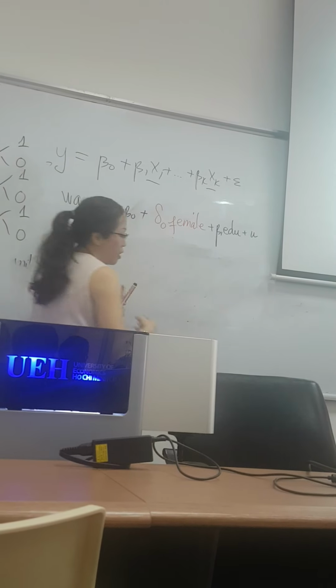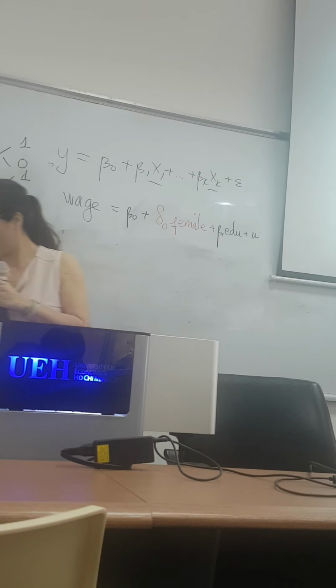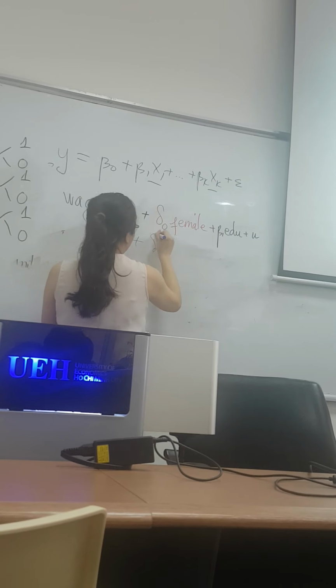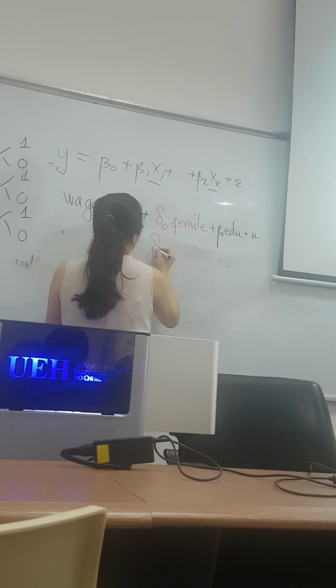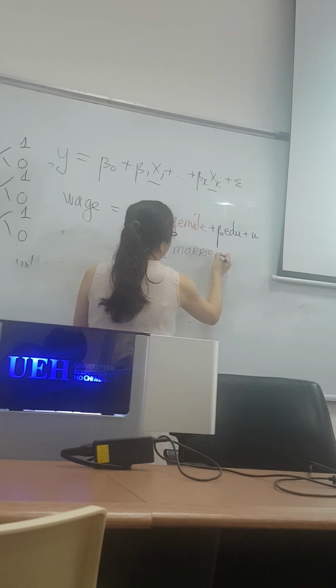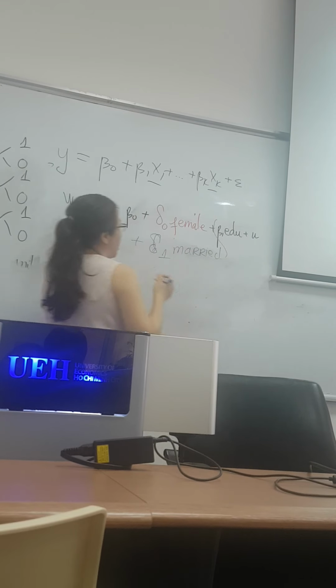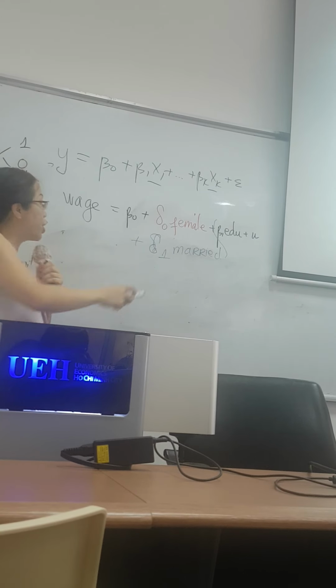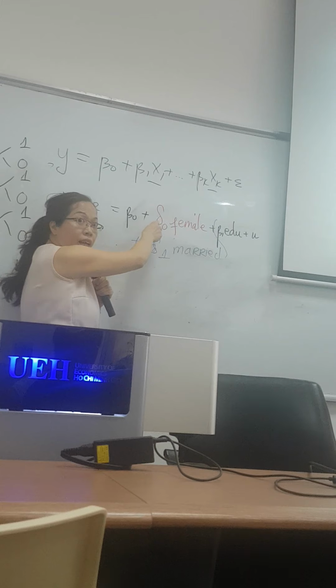Okay, so I can put it somewhere here, right? I have here, plus here, number 1 here, for example, married. And then I got that, plus education. So I got 2 dummy variables here, right?